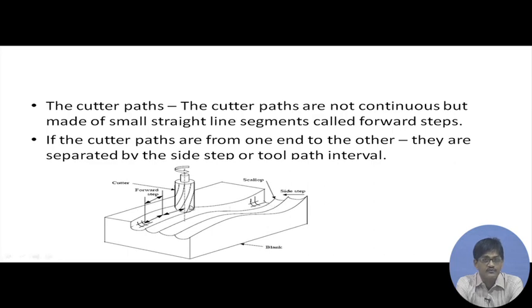Rather, it moves in small straight line segments, just as we discussed in case of curvilinear interpolators. In case of curvilinear interpolators, we break up curved paths into short straight line segments, and these are called the forward steps. Forward steps make the cutter path deviate from the actual curved path, and some form tolerance is defined which restricts the length of these forward step segments.